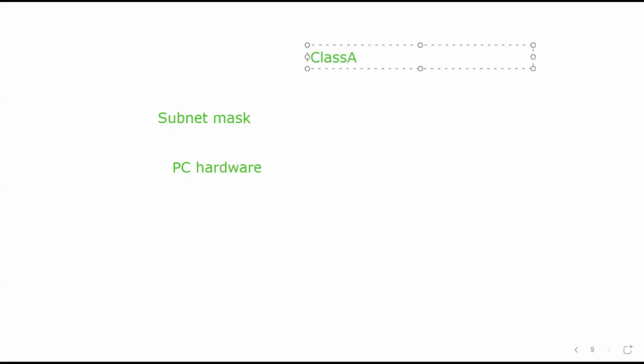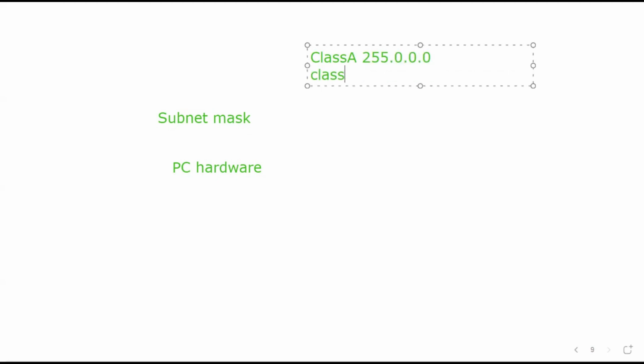Then we need to talk about the subnet mask. For a PC or hardware, we additionally need information such as the subnet mask. Okay. So what is the subnet mask? Class A subnet mask is 255.0.0.0.